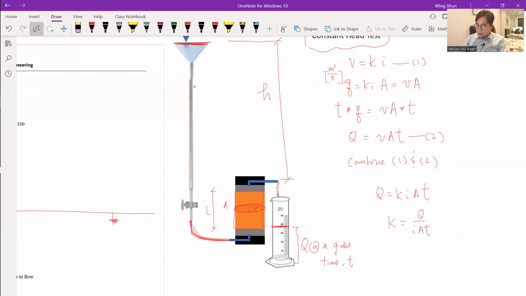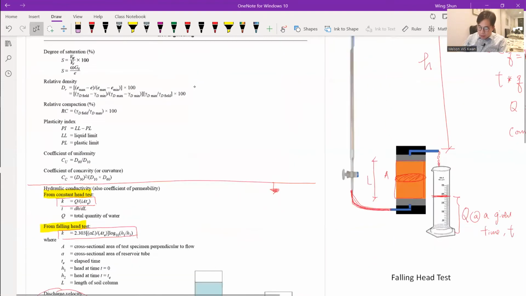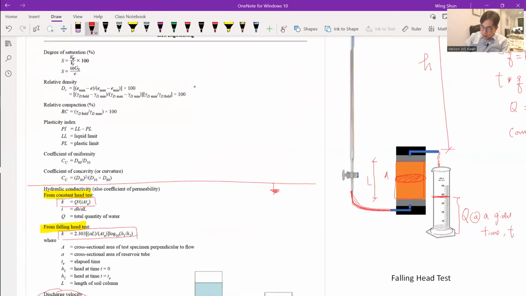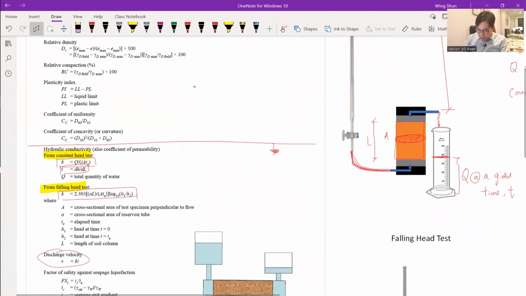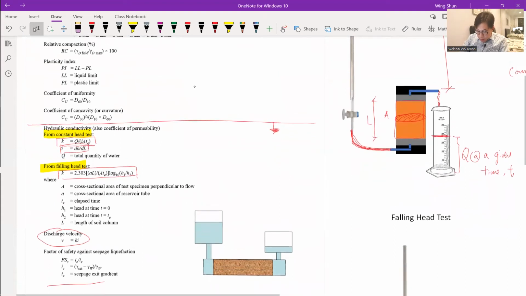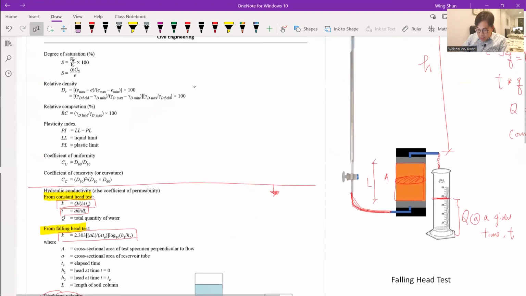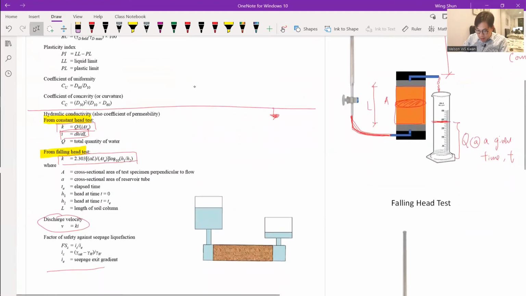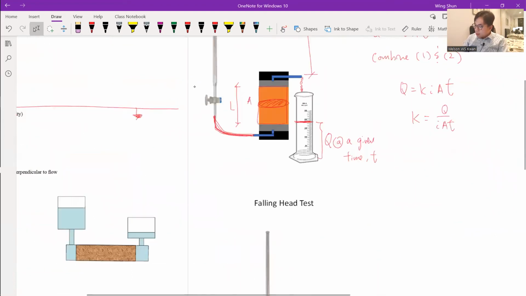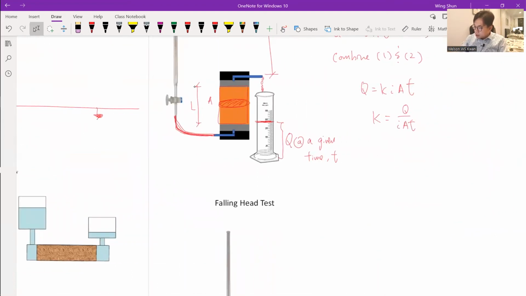And i there, as mentioned in the FE manual, is dh over dL. What i further describes is the hydraulic gradient, but the FE manual didn't tell you that. i is the hydraulic gradient, and it equals dh over dL.